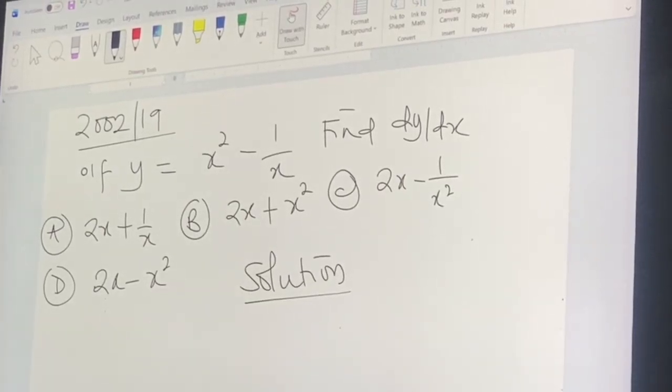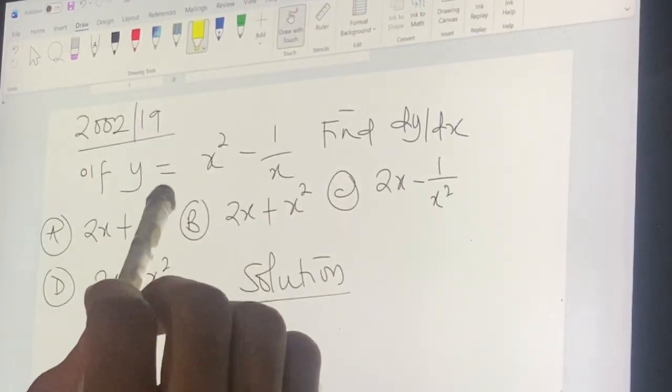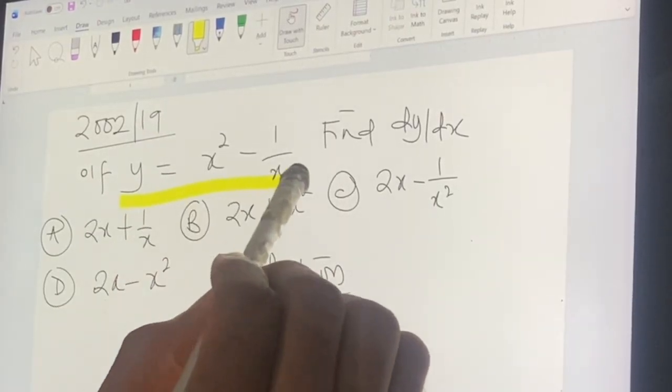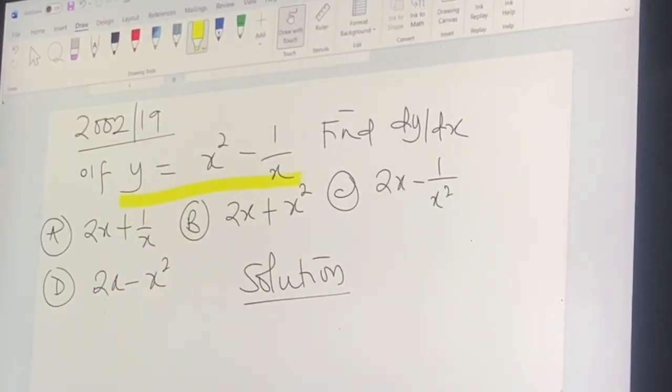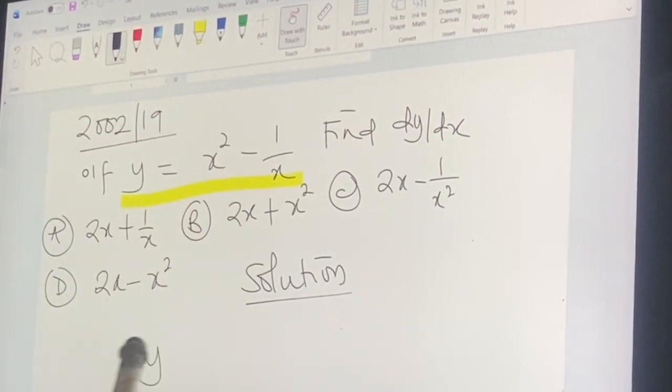Whenever you are given a question on differentiation, the first thing to do is to identify the function. Now we are given an equation here, y is equal to s squared minus 1 over s.